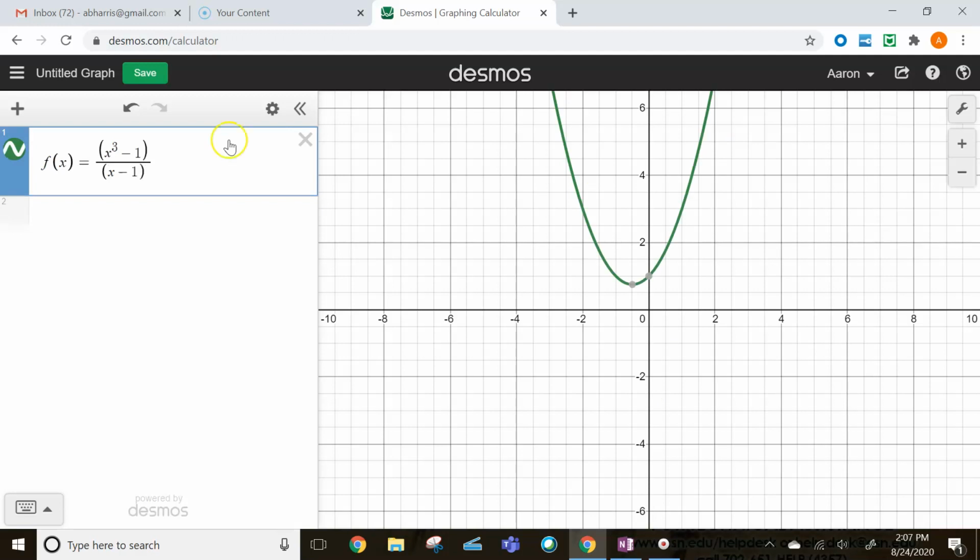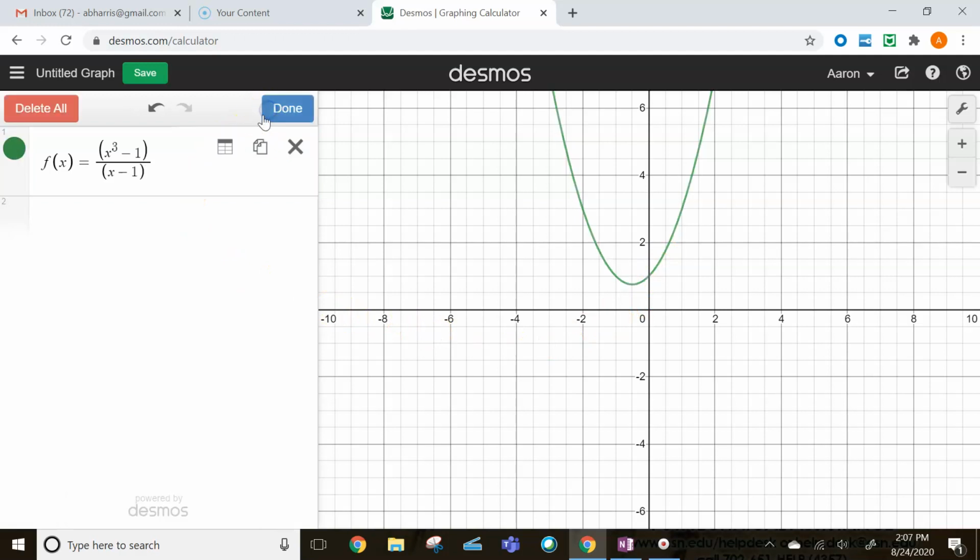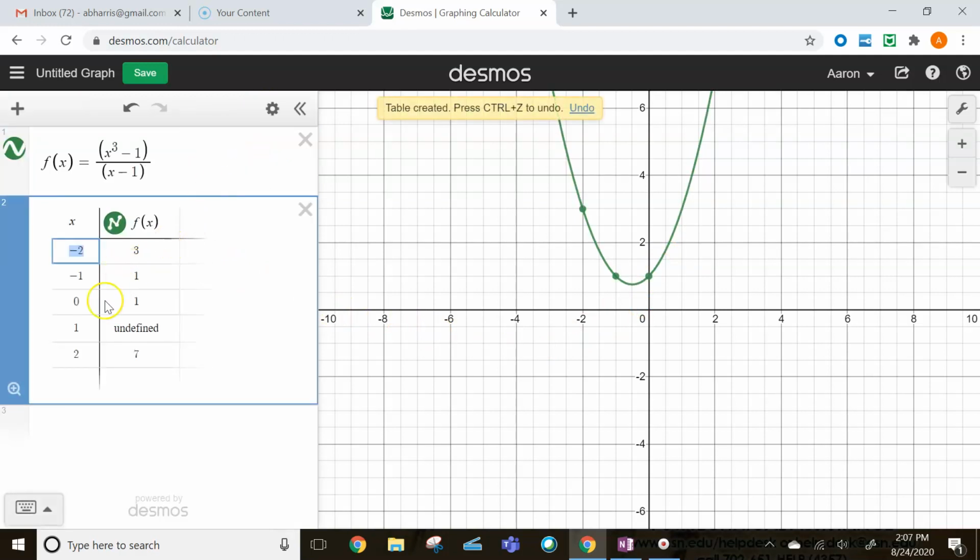You can see the quadratic. It behaves like a quadratic, except it's got the hole at 1, 3. Let me put in a table here, and you can see at 1 it's undefined, and it's got these other points, like negative 2, 3, and we plug some points in for 0, 1. We could plug some more in.